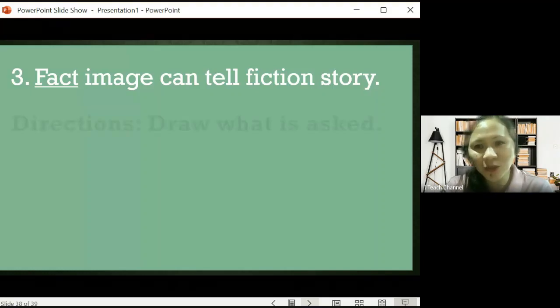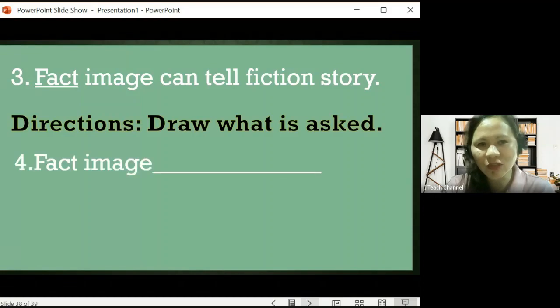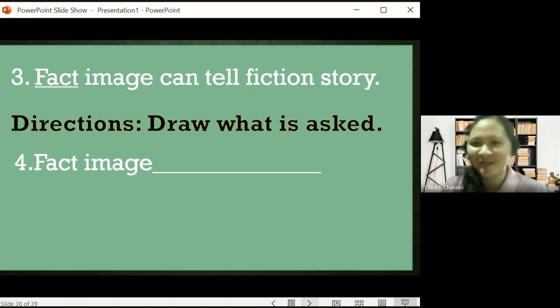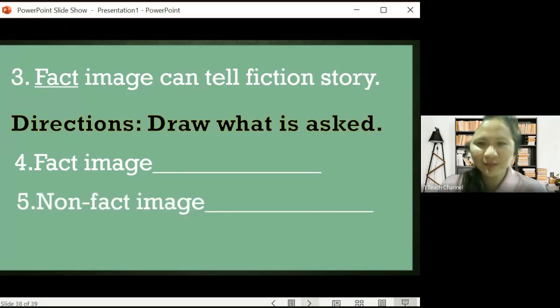Now, let's go to letter B. Direction: draw what is asked. You draw a fact image. Just one example, okay? Don't make it very, very nice as if you are going to finish tomorrow. And of course, number 5, you are going to draw a non-fact image.